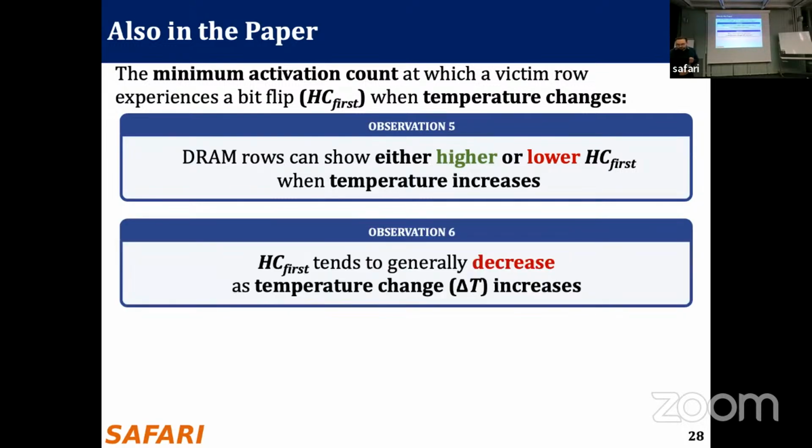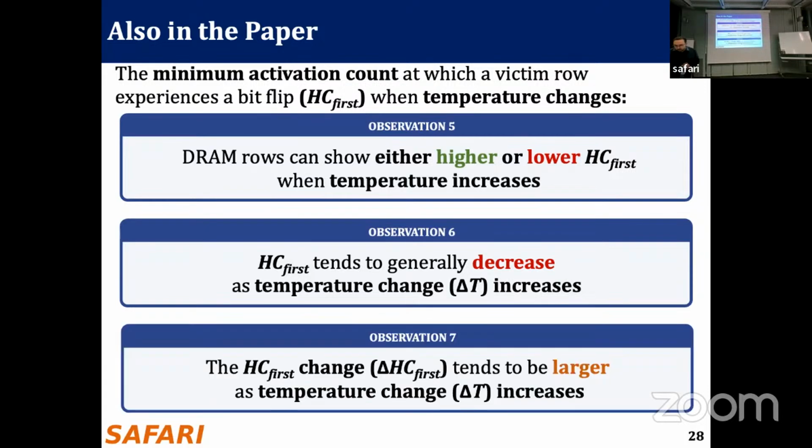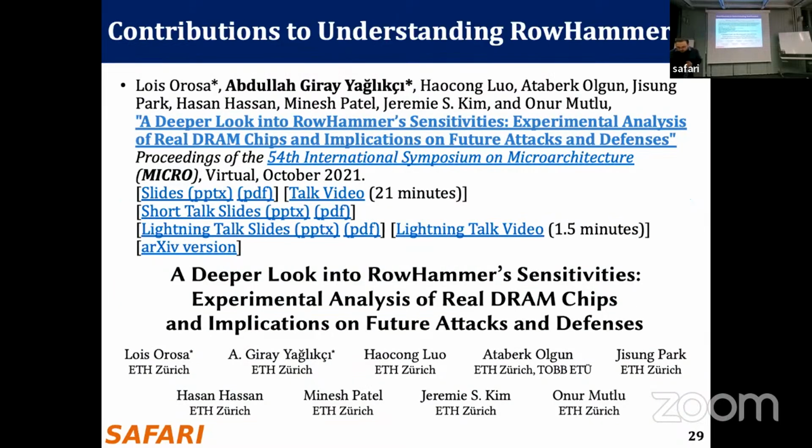It tends to generally decrease, meaning that it gets worse as temperature increases. And as we have a larger delta in the temperature, the delta in the HC first also gets larger. You can find more detailed analysis of this study in this paper. It was published in MICRO 21.